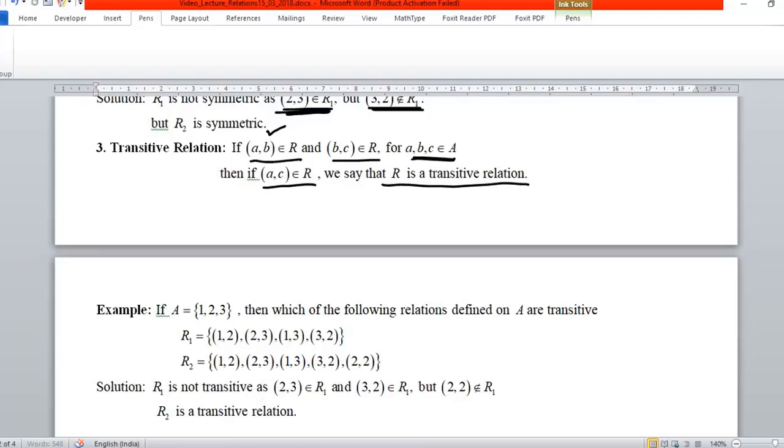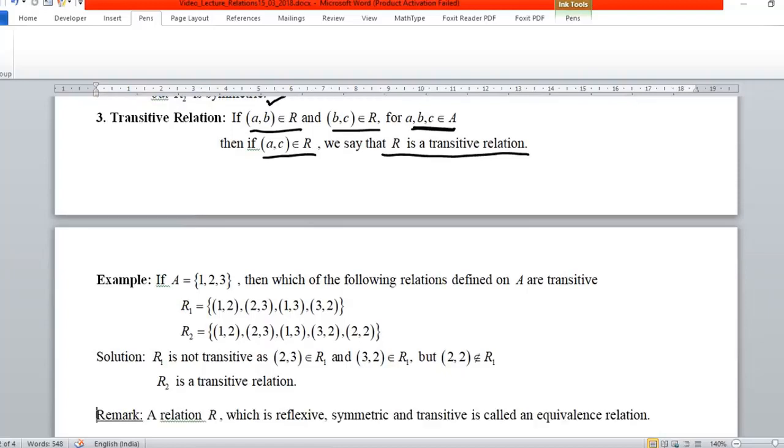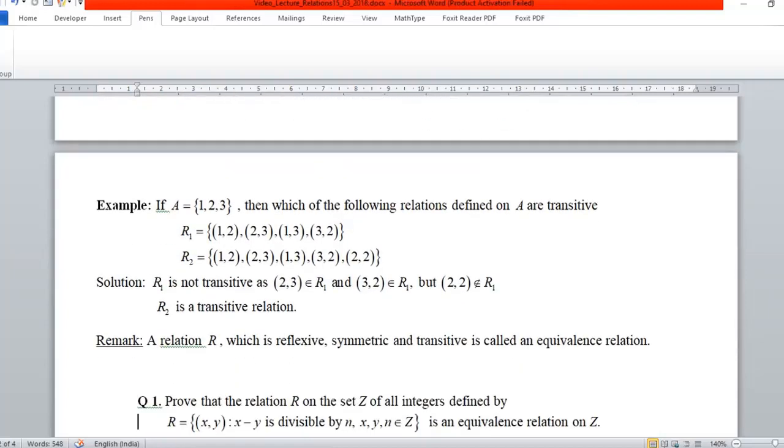In this case we are transiting from (a, b) and (b, c) to (a, c) through the element b. If our elements define this property, then we say that our relation is a transitive relation. Let us take an example to clarify the basic definition.